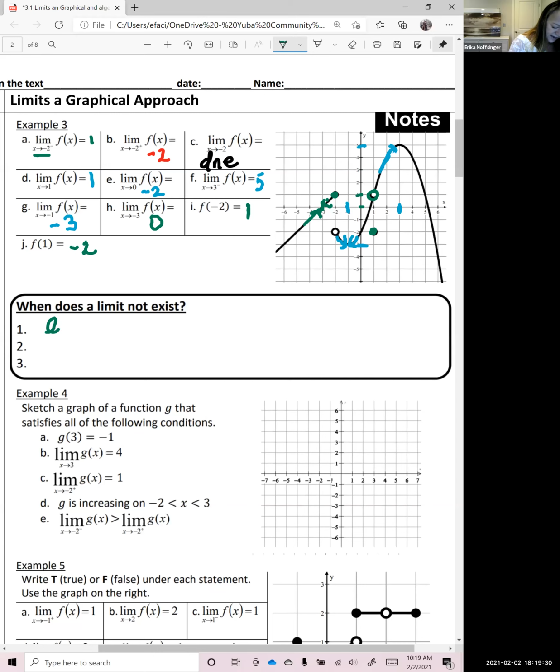One way would be saying the limit as x approaches, let's say c from the left, with that negative superscript, of f of x, does not equal the limit as x approaches c from the right of f of x.